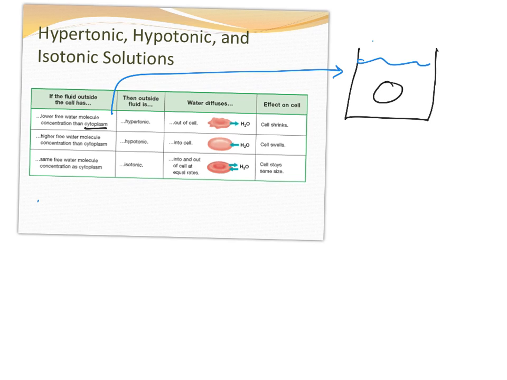So if we have a lower water outside, can I pick a number? I'm going to say this is solvent. I'm going to say lower outside, I'm going to say 30. I'll pick a number, doesn't matter. If it's 30 outside, then what's the solute? 70 solute.